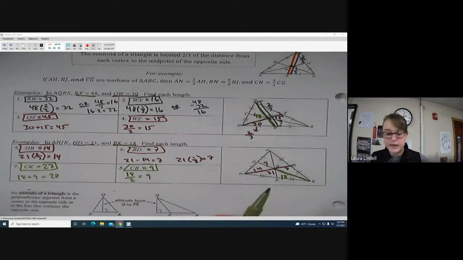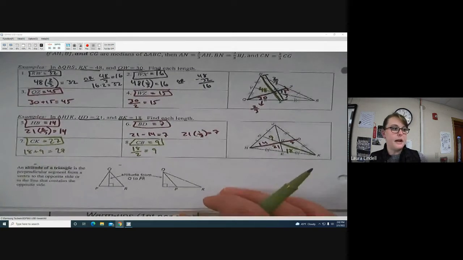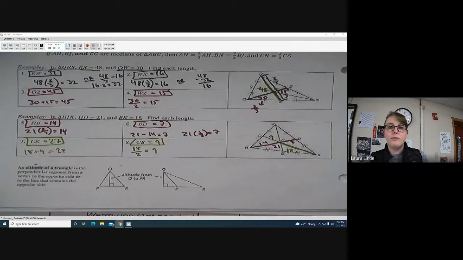The last thing we need to talk about on this page is the altitude of a triangle. Now, we're going to get a lot more into altitude later on when we talk about triangle area and stuff like that. But for now, what do you think of when you think of altitude? You might think of an airplane cruising at a certain altitude, or a mountain, or altitude sickness if you're climbing a mountain.